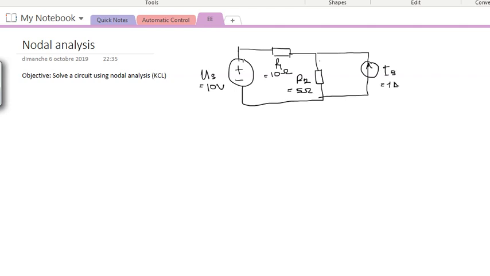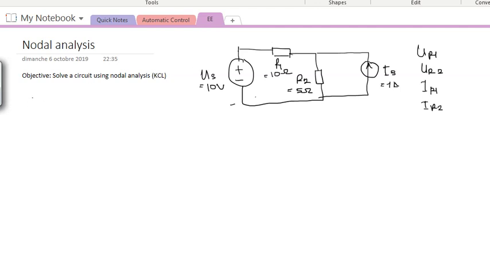Across the resistances R1 and R2, we can write UR1 and UR2, the voltages across the resistances. By doing so, we can also find IR1 and IR2, the currents that go through R1 and R2. So how do we do this using nodal analysis?